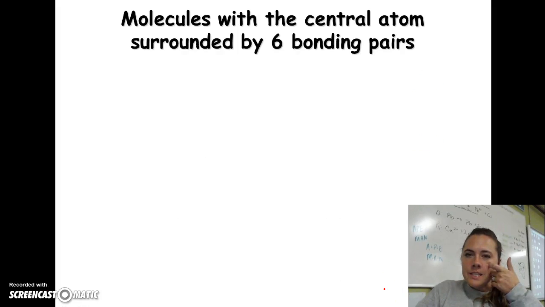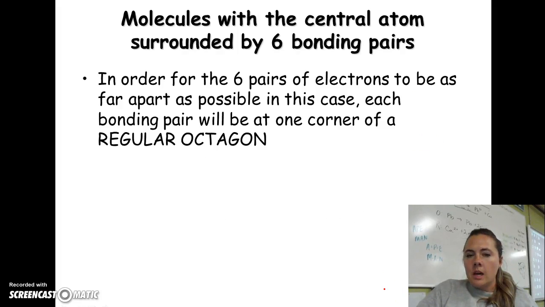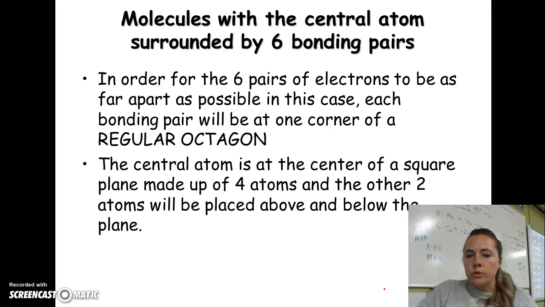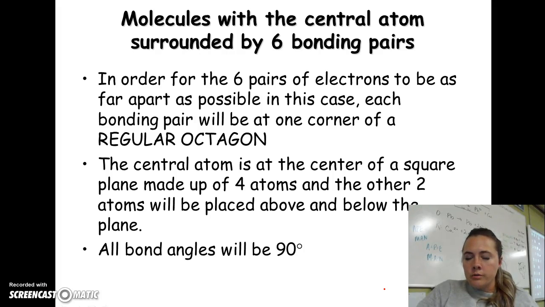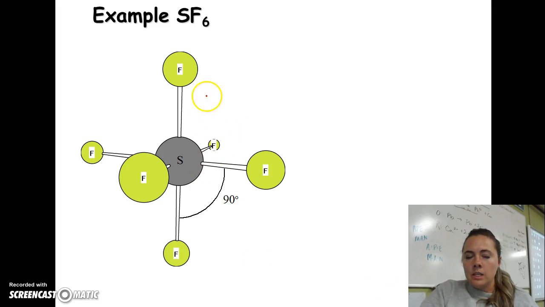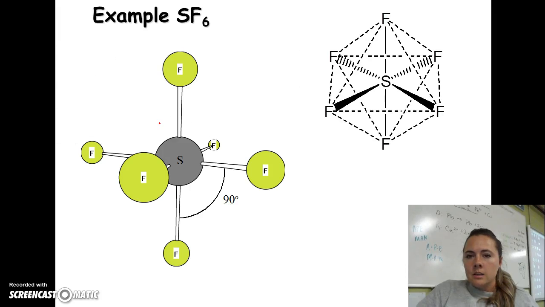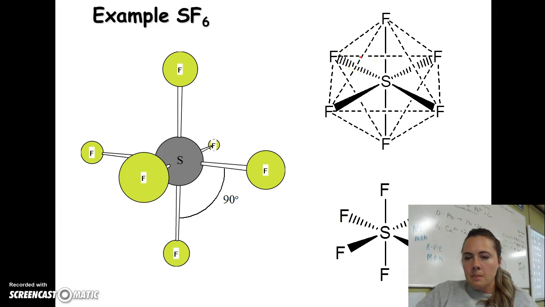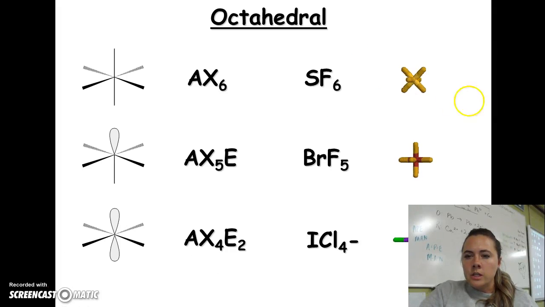When you have 6 atoms, okay, you get octahedral bonding. All of your bond angles are 90. So here, any bond angle you take, you're going to get 90. All right, so you get this very different pyramidal shape here. Let's see. So here are our possibilities. Okay, so right here you have octahedral.